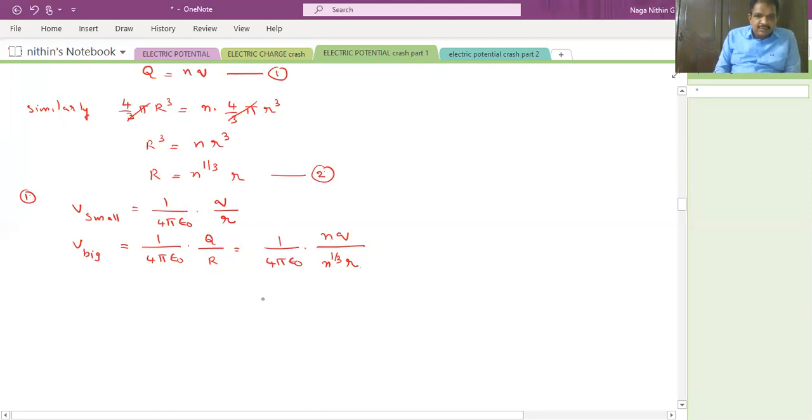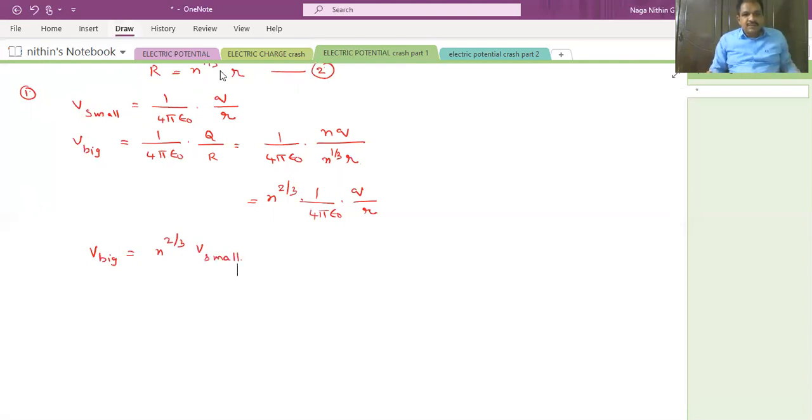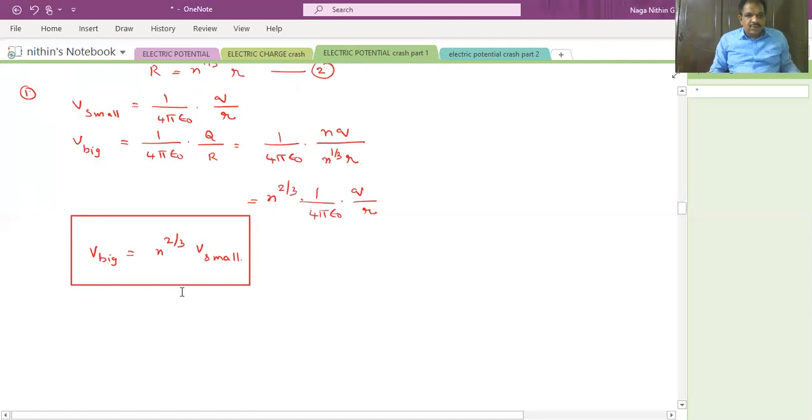So n by n power 1 by 3 means n power 2 by 3, times 1 by 4 pi epsilon naught q by r, which is V small. So V big is equal to n power 2 by 3 into V small. So this is the relation between the potential of the big drop and the potential of the small drop.